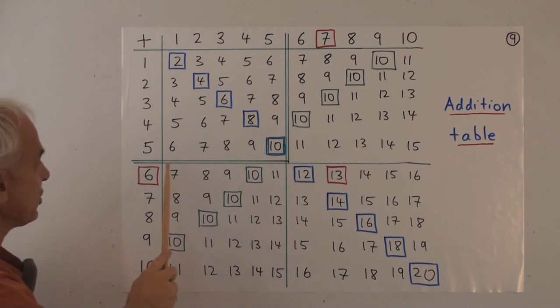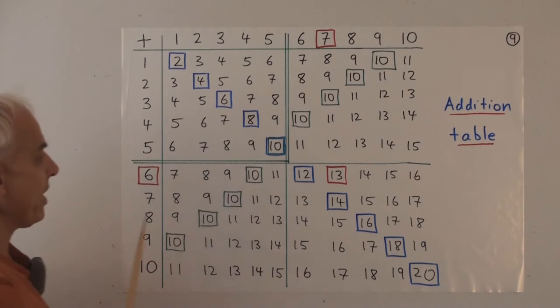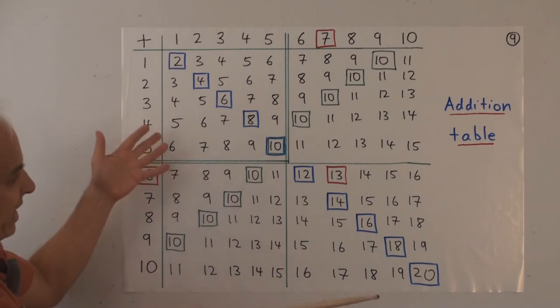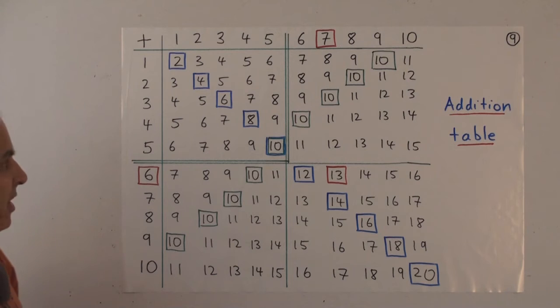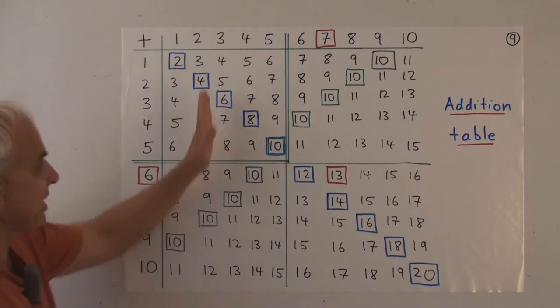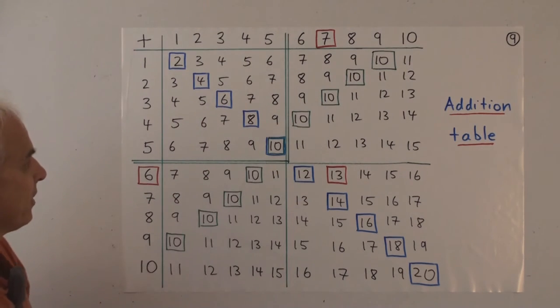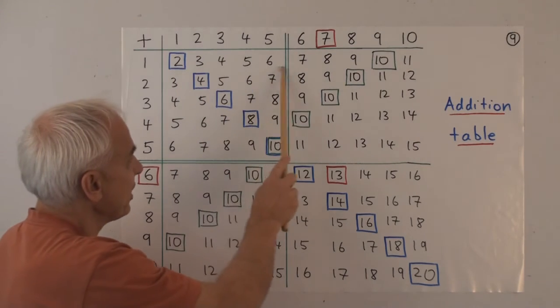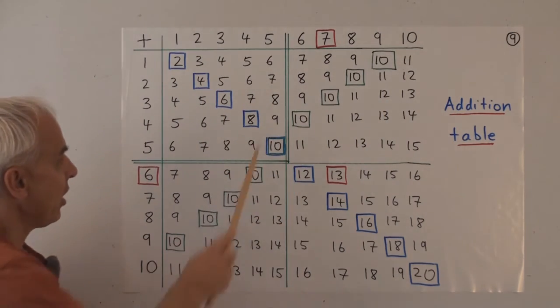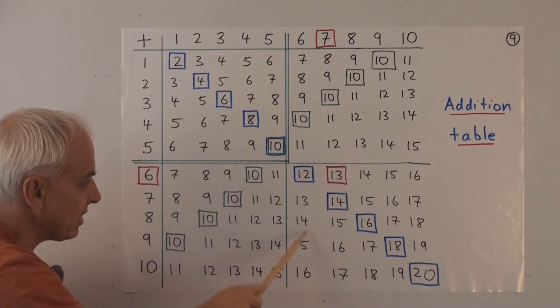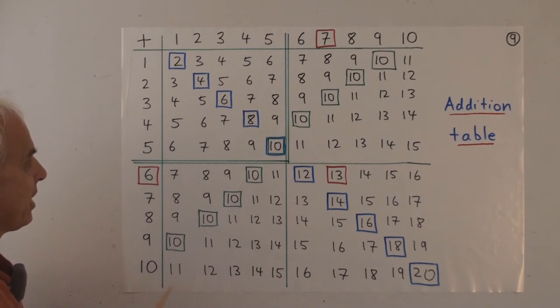And many of the features of the earlier table that we were talking about are replicated here in this larger table. The pattern is really the same, it's just that everything gets extended. So along every row we're still increasing by 1. Along every column we're still increasing by 1 as we go down.